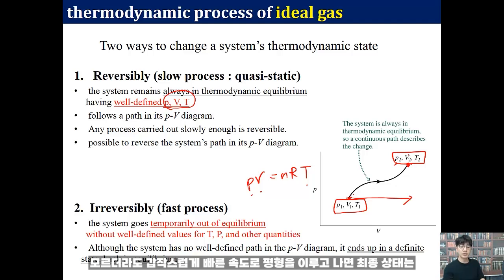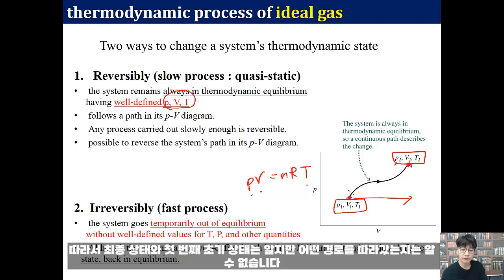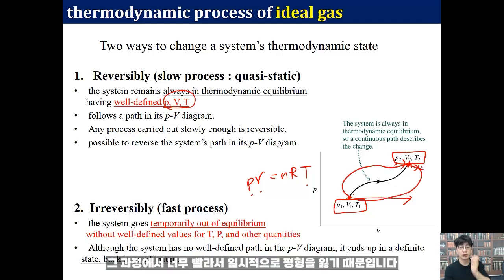After a sudden, fast process, even if we don't know which path it followed, we know the final state after it becomes equilibrium. So we know the end state and the initial state, but we don't know which path it followed. That's an irreversible process, because during the process, it's so fast, temporarily out of equilibrium, that the parameters P, V, T are not defined.